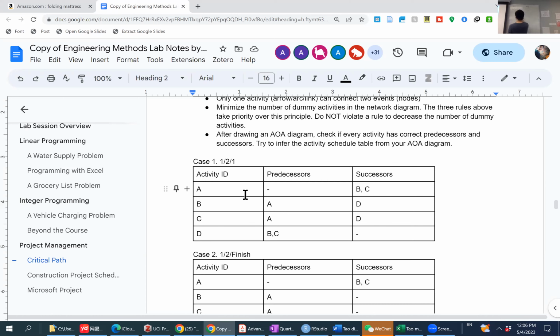Then after that, we see that B and C share A as predecessor. In this case, the roles of B and C are exactly the same except for the activity node.